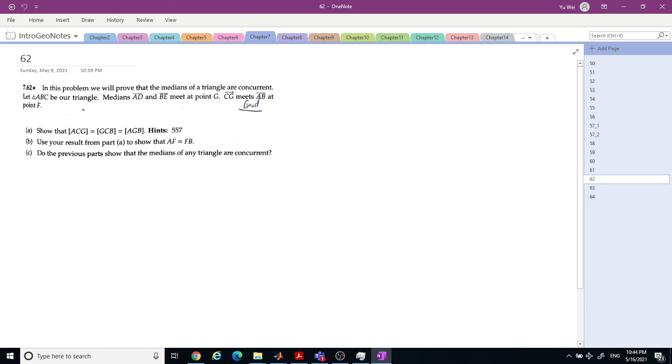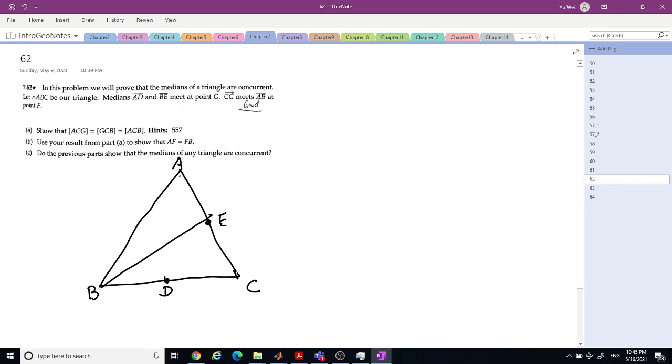So in this problem we want to prove the medians of the triangle are concurrent. Okay. Maybe I didn't quite follow this one. Let's see A, B, C. Then we have D and E as the medians. So what we want to prove, let's see, this is F, right?